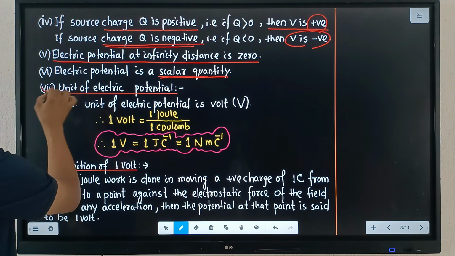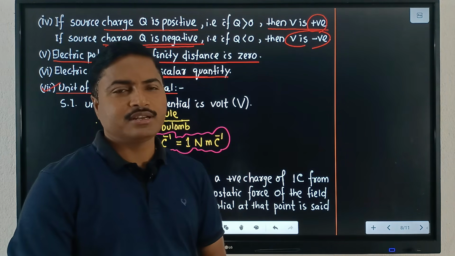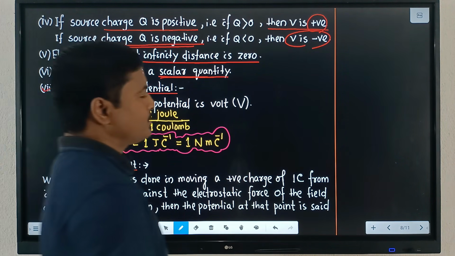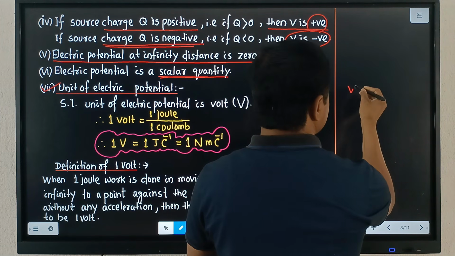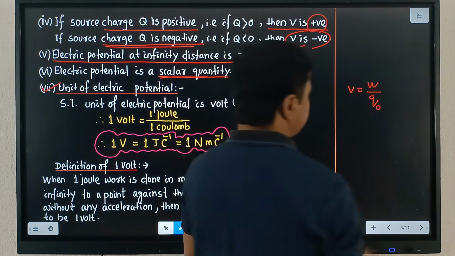Next point is the unit of the electric potential. Let's take the SI unit of the electric potential. We know the mathematical expression of the potential: potential is equal to work done divided by test charge.